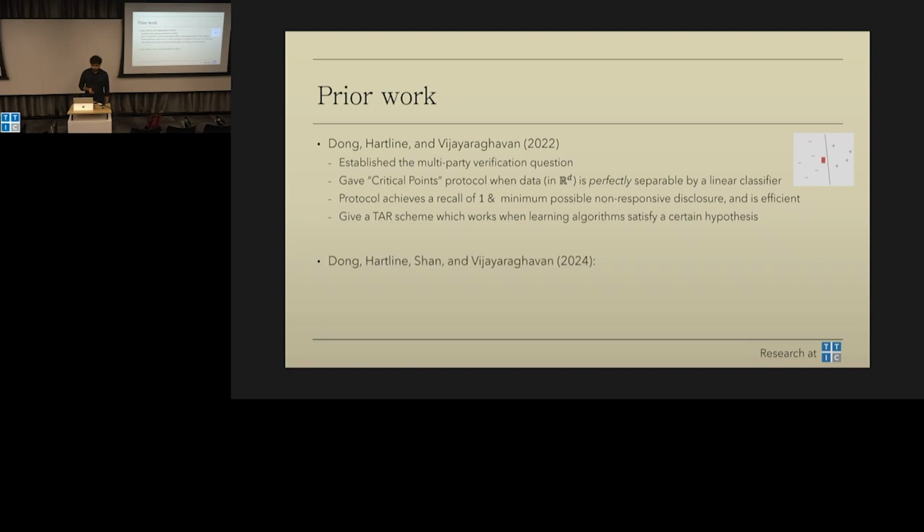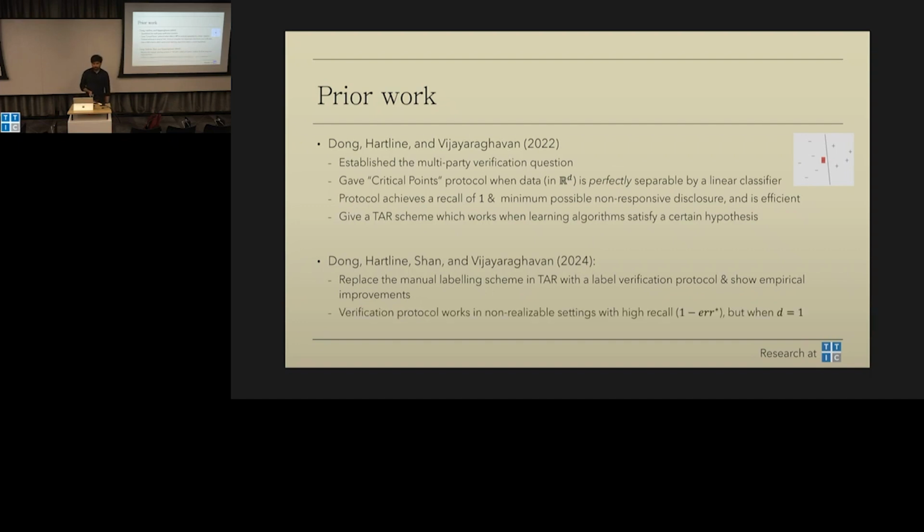And then there was follow-up work by Dong, Hartline, Liren, and Vijayaraghavan, which took the original TAR scheme, I think, of Grossman and Cormack, and replaced their manual labeling scheme with a verification protocol, which actually gave them empirical improvements.